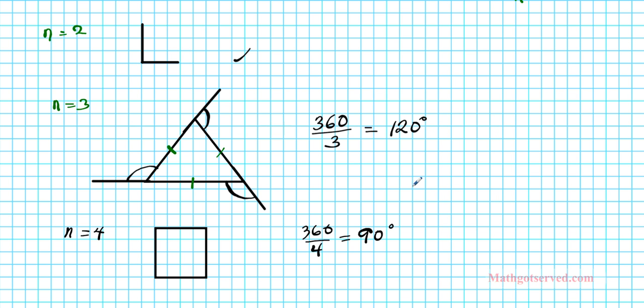What do you think is happening with the measure of the exterior angles here? As the number of sides increases, what you're dividing by keeps getting bigger and bigger. Hence, the exterior angle keeps getting smaller and smaller. It basically approaches 0. Okay, as you can see here, this is 90 degrees, this is 90, this is 90, and that's 90. All right, so as n gets bigger, the exterior angle gets smaller. So what is the largest?